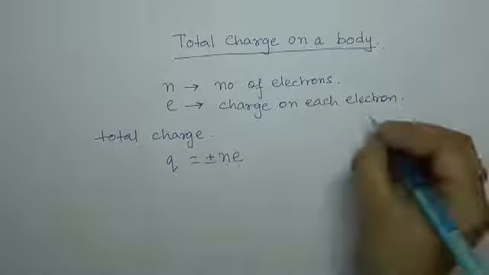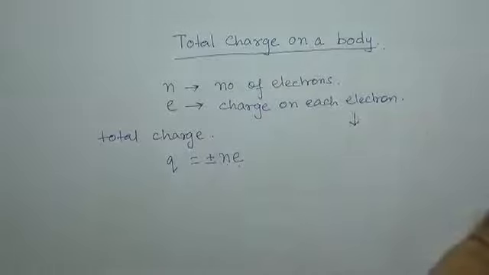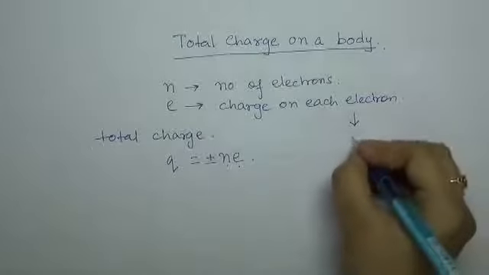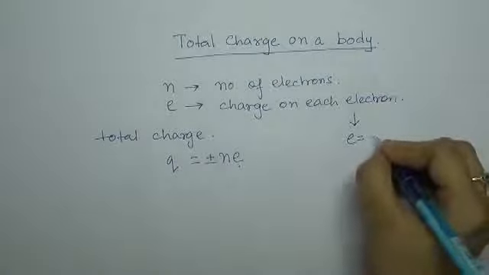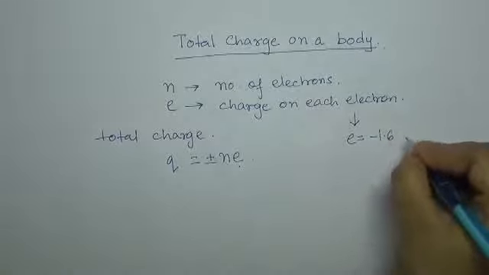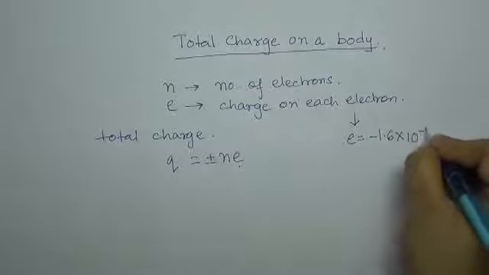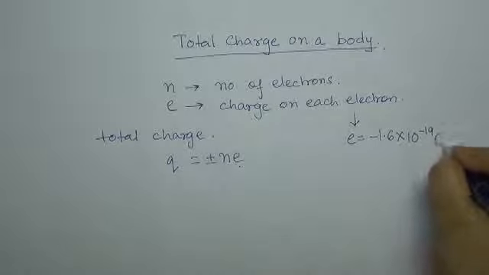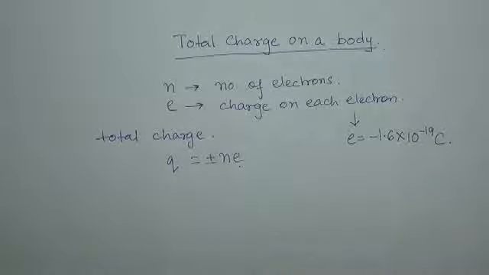One more thing: the charge on each electron has a value of minus 1.6 times 10 to the power minus 19 coulomb.